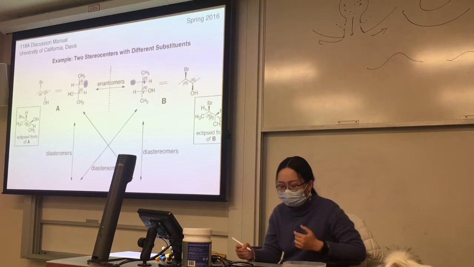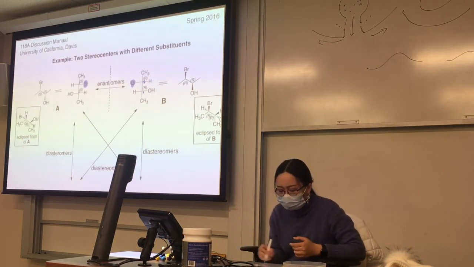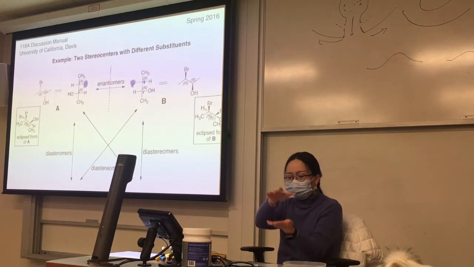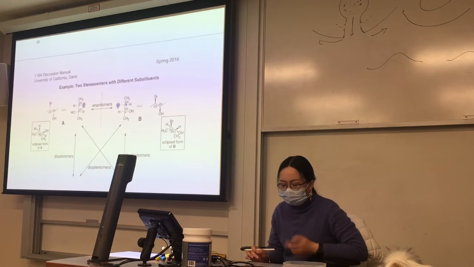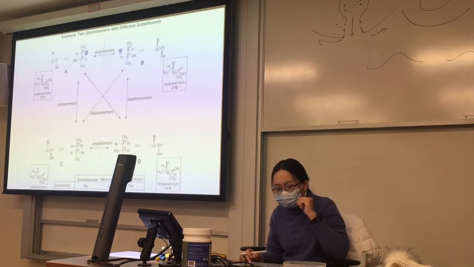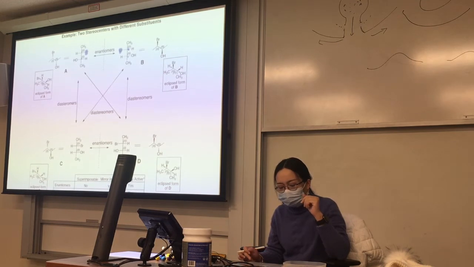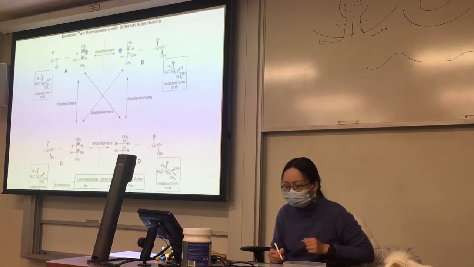Everything is opposite, but these two cannot just overlap on each other. So that's enantiomers. Well, you can see I really don't use this method. Diastereomers are something, if you just compare the stereocenters, SS with this one is SR.